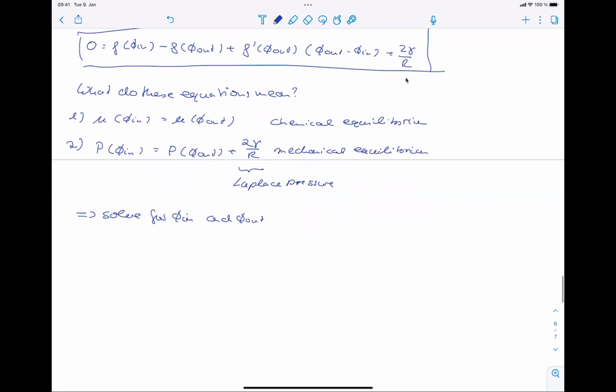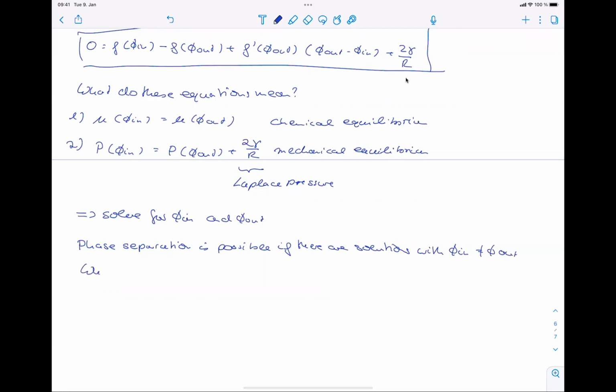So mathematically, we would now go ahead and solve for phi in and phi out. And we know that we're interested in when droplet phase separation is possible, if there are solutions with phi in unequal phi out, if these are different.